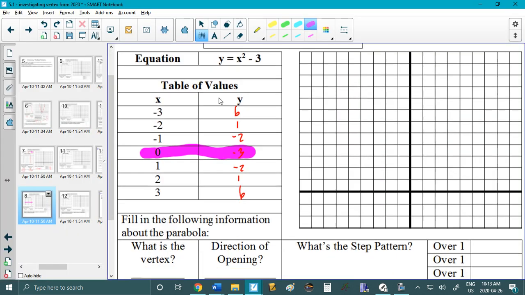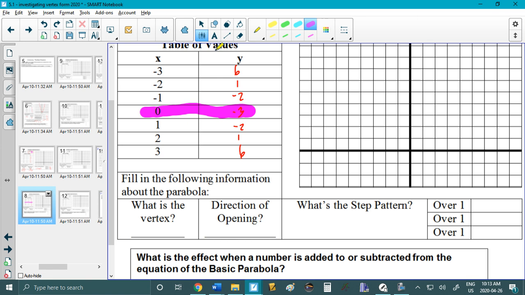You might have noticed that in this case, everything just went down by 3. So the new vertex is (0, negative 3). The direction of opening is still going up. And the step pattern is still up 1, 3, 5.